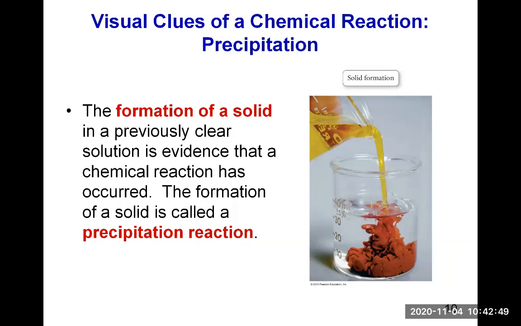And so two solutions together are forming a solid here. The brown powder making volutes here is a solid, it's a powder. And so this is called a precipitation reaction, and the brown powder there is called a precipitate. So you want to remember these words: precipitate, which is the solid forming in a precipitation reaction.